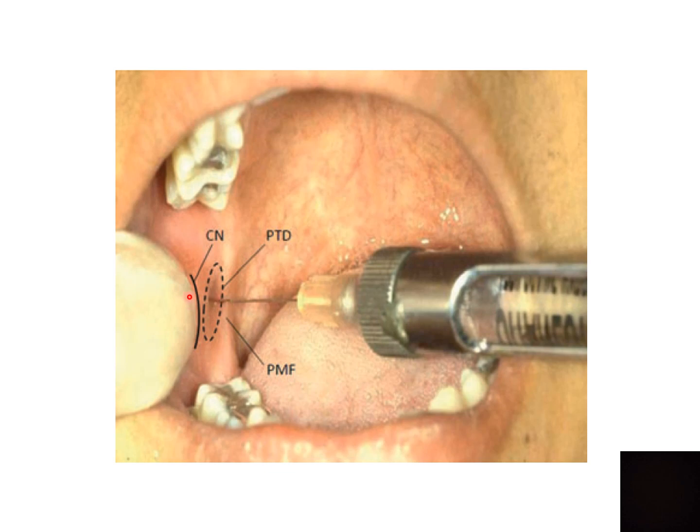And then at that point, you would withdraw your needle a couple of millimeters, retract it, and then aspirate, wait for the result of the aspiration for a few seconds before you inject roughly 1.5 mils into the pterygomandibular space. And if your needle position is correct, you should be able to achieve an inferior alveolar nerve block plus the lingual nerve block with a single injection.